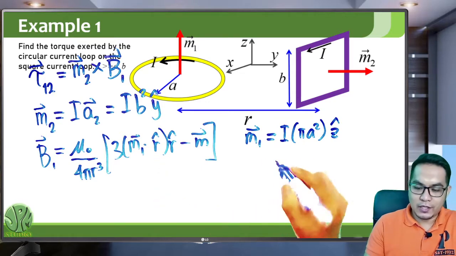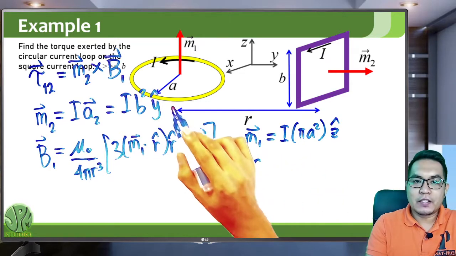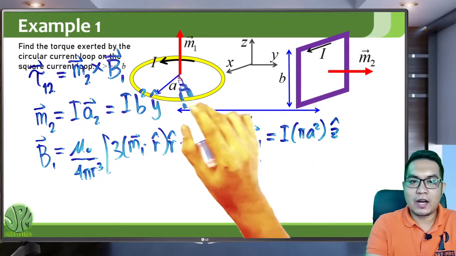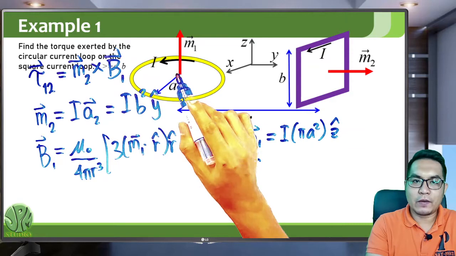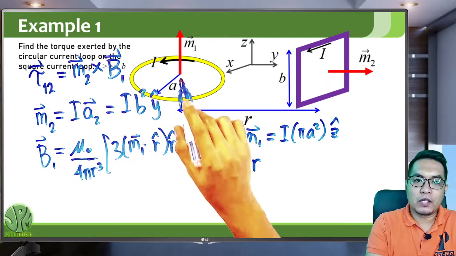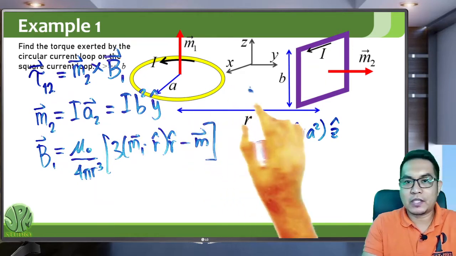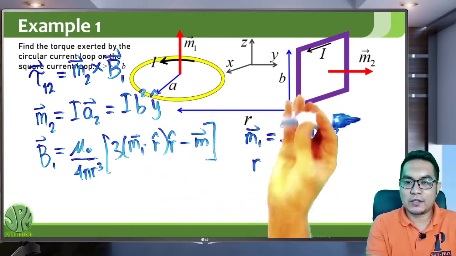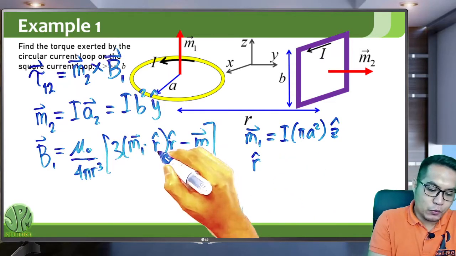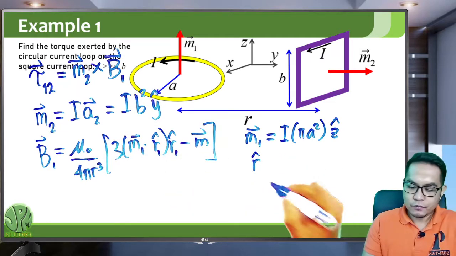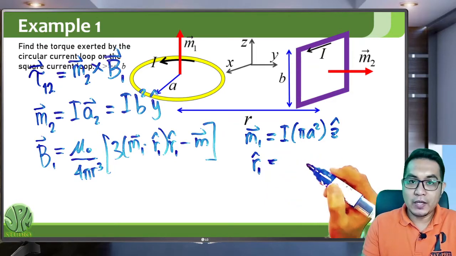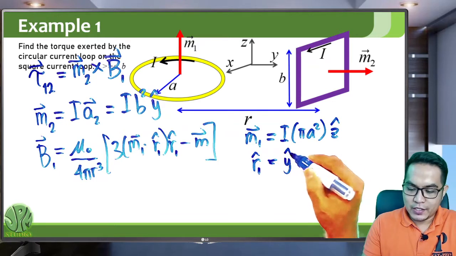What is r hat? r is the distance from dipole 1 to dipole 2, and since we are measuring the magnetic field of B1, the origin is at dipole 1. So r hat is in the y direction. I'm just going to call it r1 hat so it will not be confused. So r1 hat will be y hat in this case.